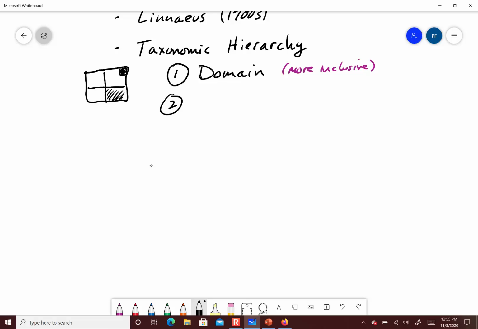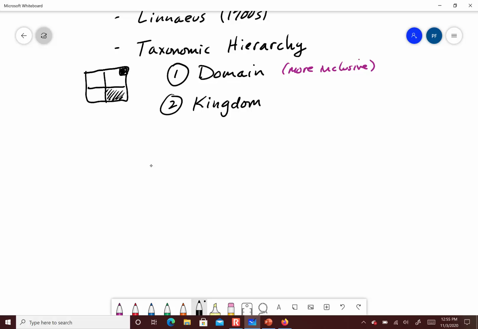So domain's the first level in our hierarchy. The second level is called kingdom. So there's 3 domains. The number of kingdoms depends on who you talk to. When I was going through this a million years ago, we didn't have domains. That was not a level on our hierarchy. We started with kingdom, and there were 4 or 5 depending on who taught it.